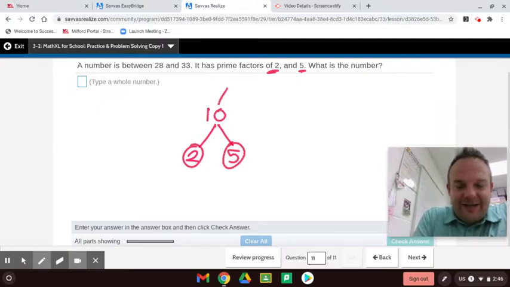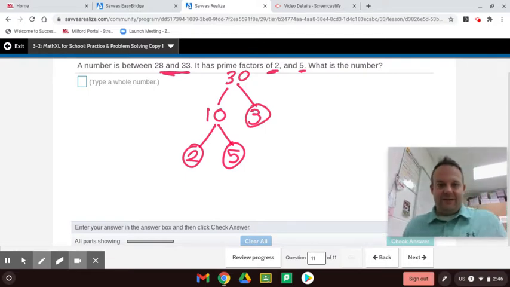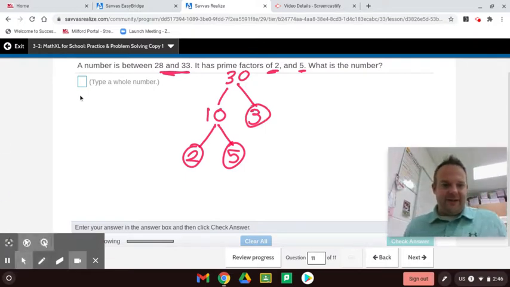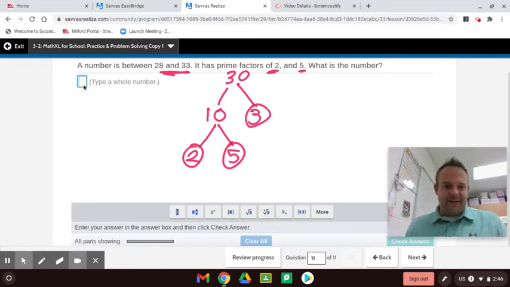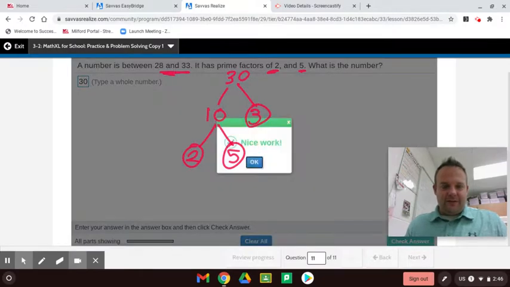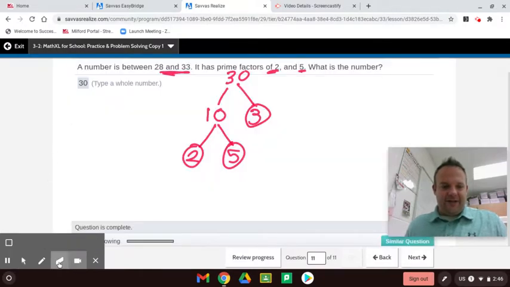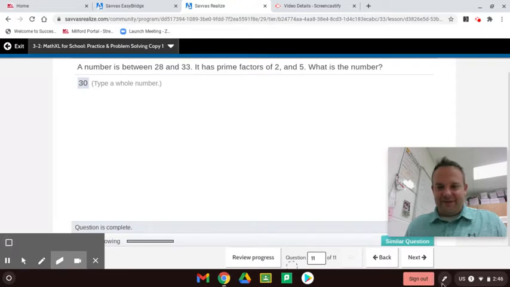And it goes up to here. 10 times what is between these two numbers? Is it 30? Let's see. Do you think it's 30, guys? It is. Hooray. I like those type of puzzles.